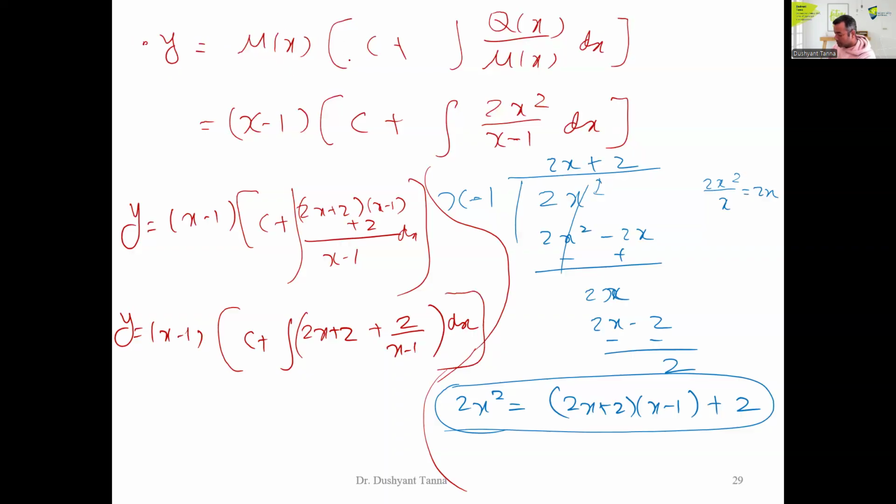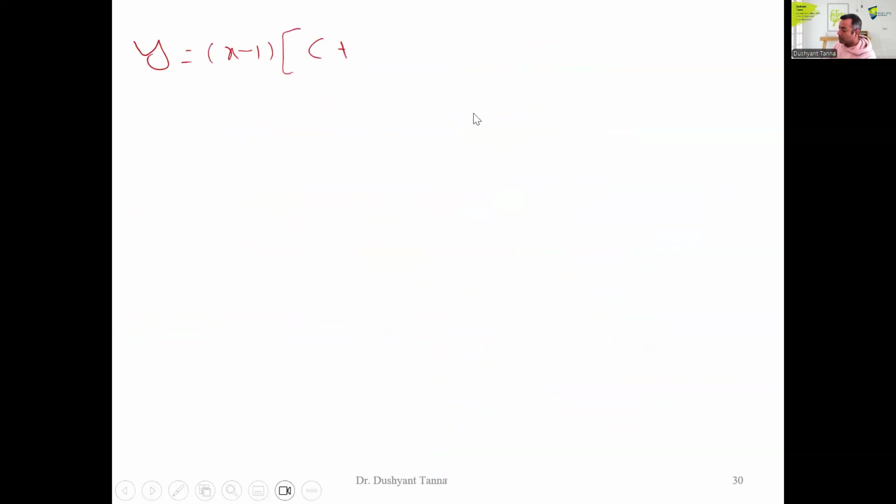So y times (x minus 1) will be c plus the integration of 2x, which is x squared, plus 2x, plus 2 ln of x minus 1. That's it. And I'm not sure if you can even simplify it further, so just leave it like that.